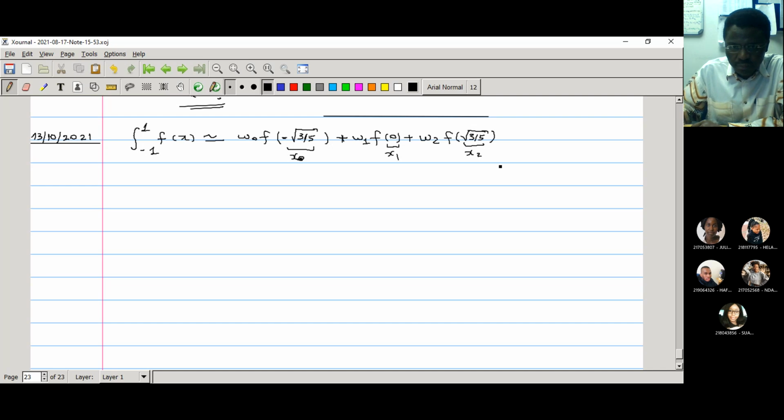So this is a 3-point rule. Gaussian rule, of course. When we say rule, it's Gaussian rule.